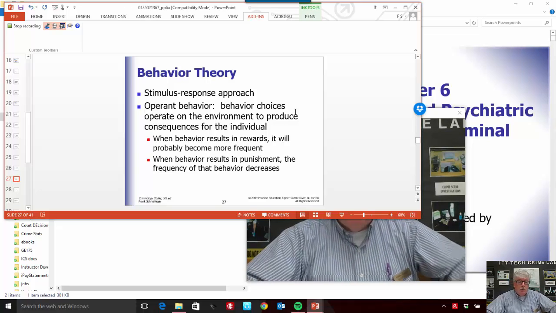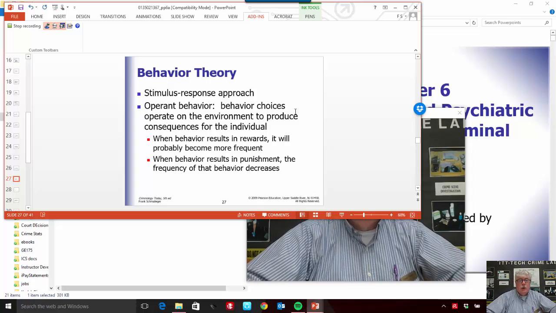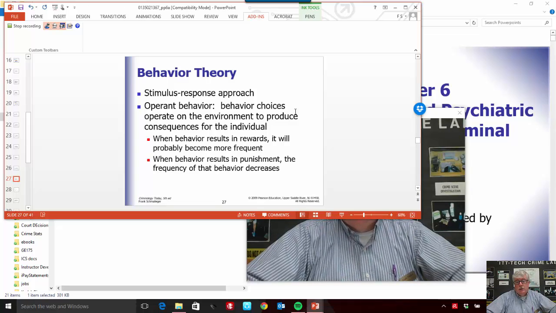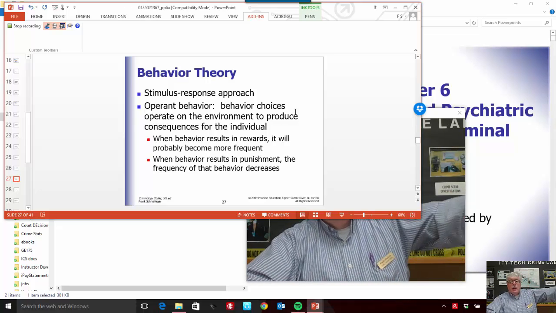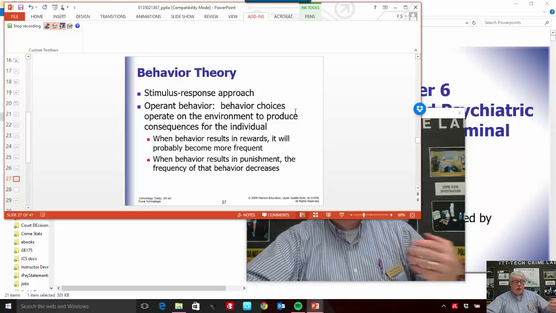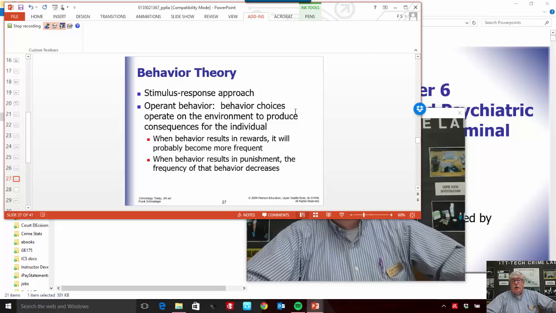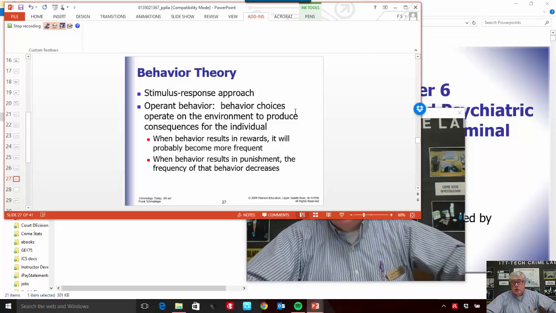If you get a poor grade when you hand in junk, then maybe that punishment means you won't do it as much. That's the concept. Now, whether it works or not, like when we were talking about classical theory, this concept depends upon people actually thinking about it. But the idea of behavior theory is sometimes, if you learn it well enough, you don't think about it, you just do it.